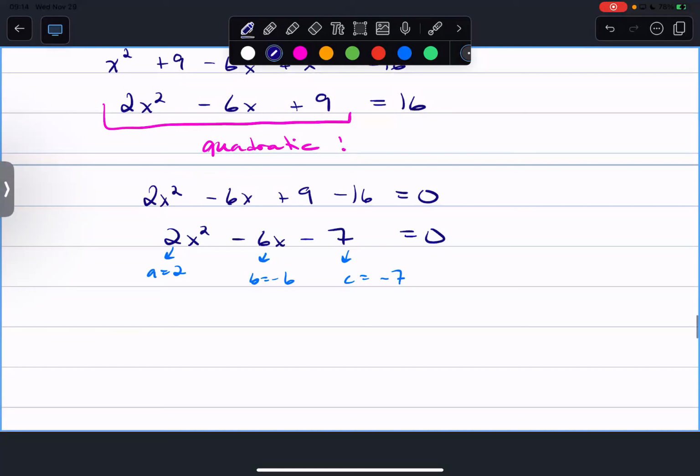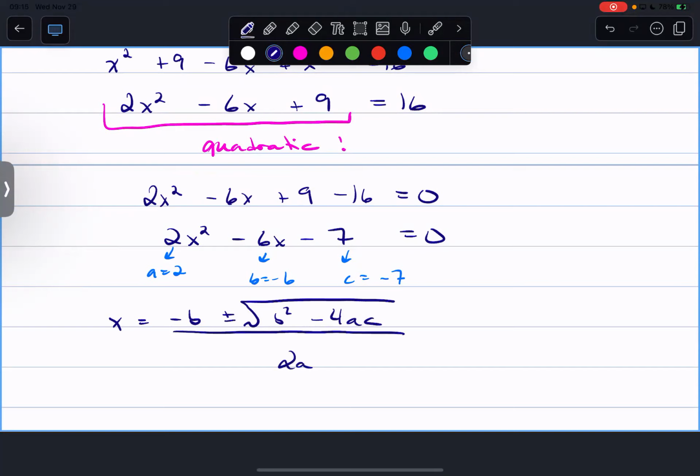x is negative b plus minus the square root of b squared minus 4ac over 2a.